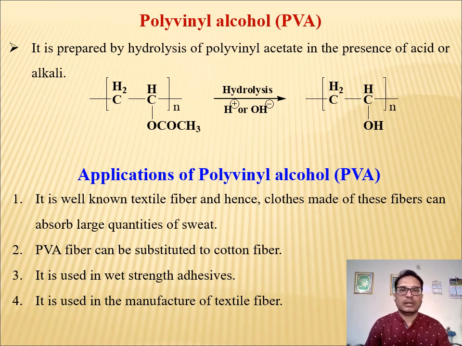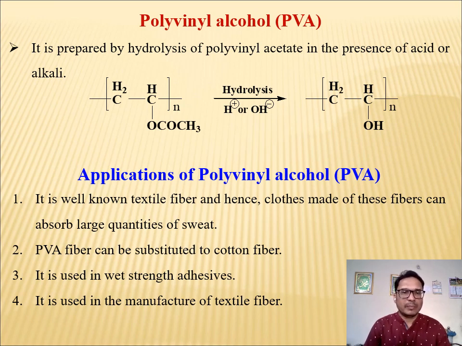The next polymer is polyvinyl alcohol, abbreviated as PVA. This PVA is prepared by hydrolysis of polyvinyl acetate in the presence of acid or alkali. When polyvinyl acetate is hydrolyzed, the acetate group in this polymer is hydrolyzed to a hydroxyl group, or the alcohol.